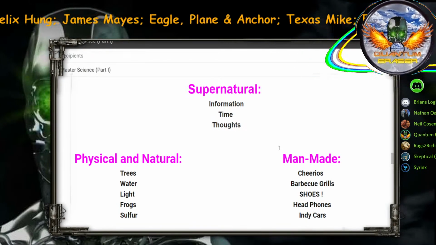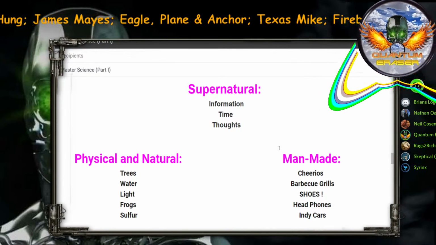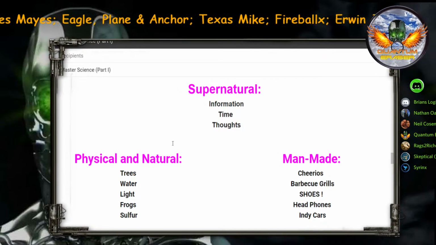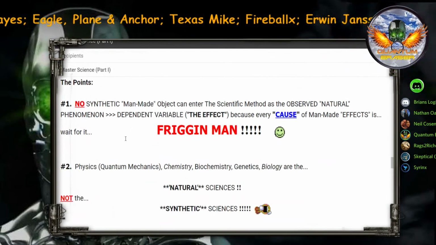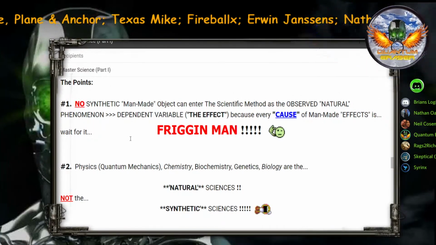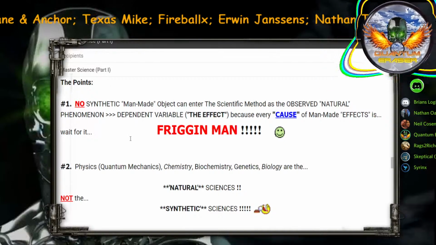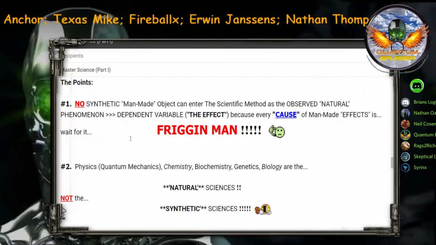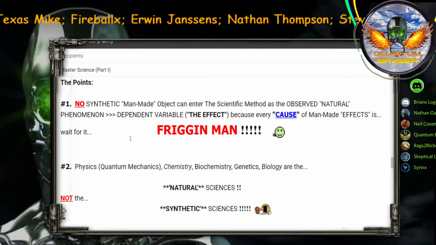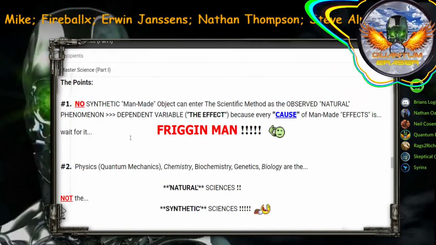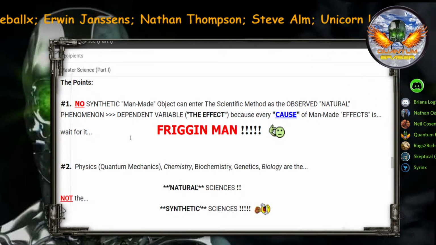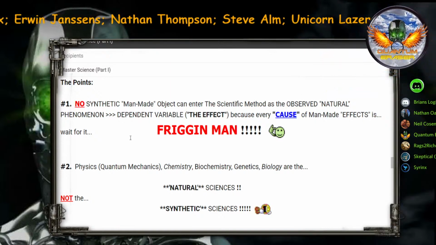I usually drop anchor right in here so it'll burn in their retinas, but I won't do that this time. The points. Number 1, this is very important. No synthetic, man-made object can enter the scientific method as the observed natural phenomena, that is the dependent variable or the effect, because every cause, that is the independent variable, of man-made effects is, wait for it now, man.